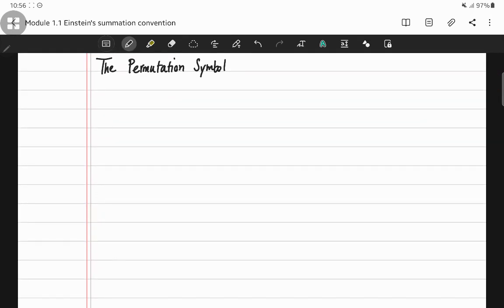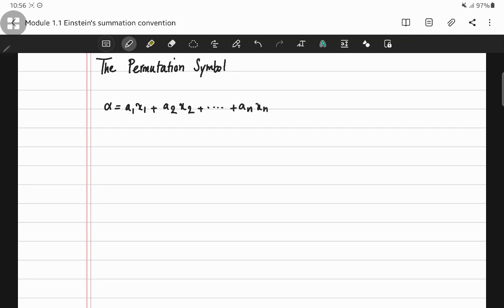Suppose that you have an expression like alpha equal to a1 x1 plus a2 x2 plus some other terms plus a n x n.